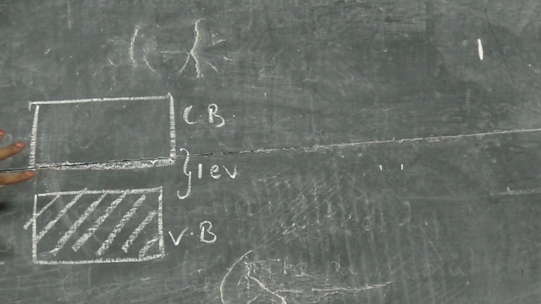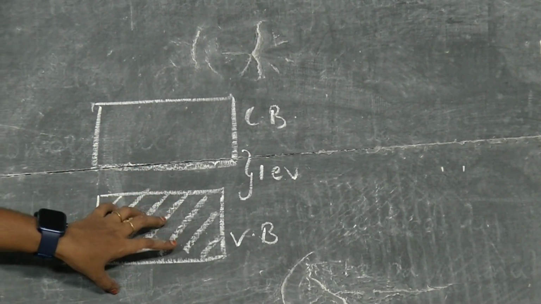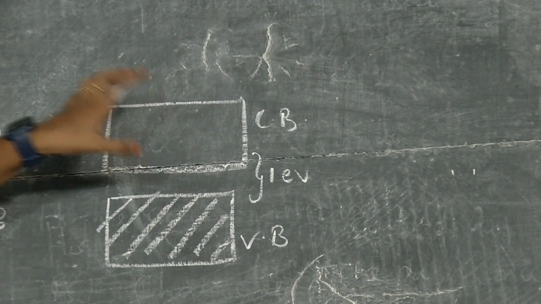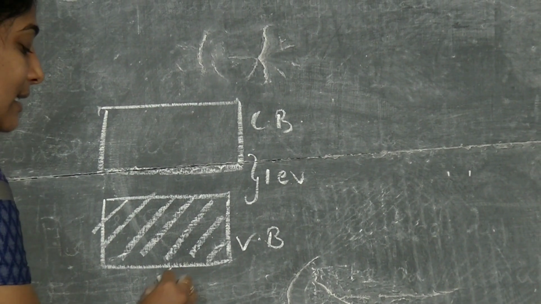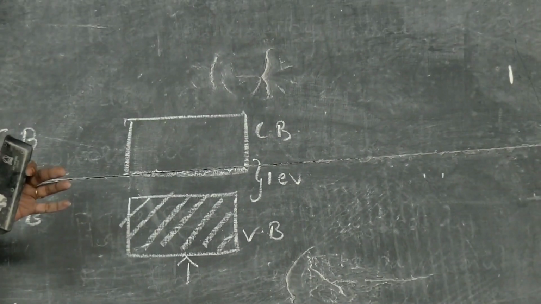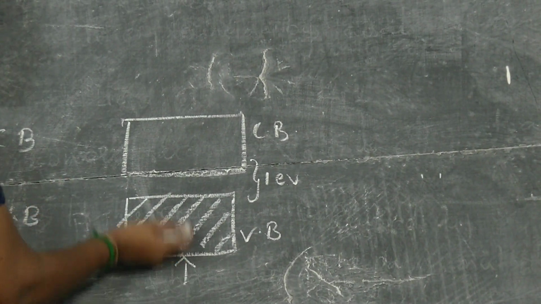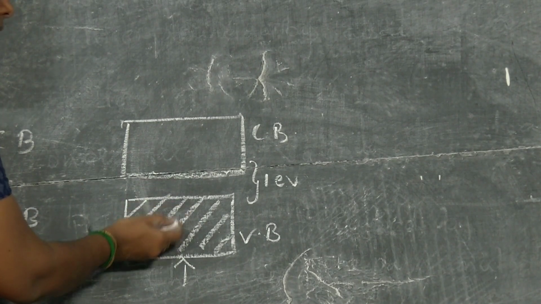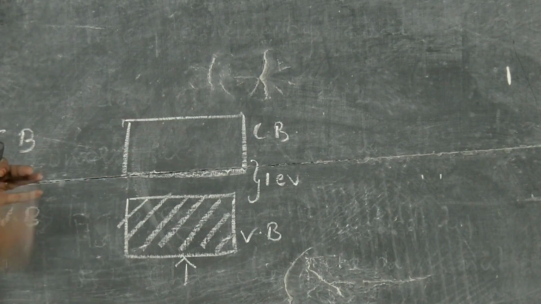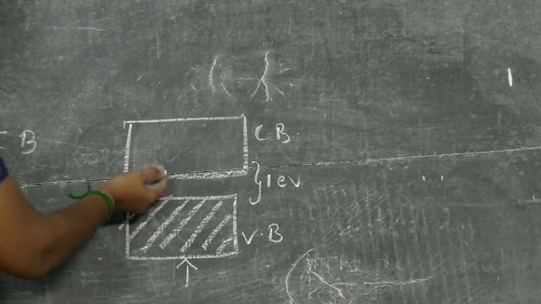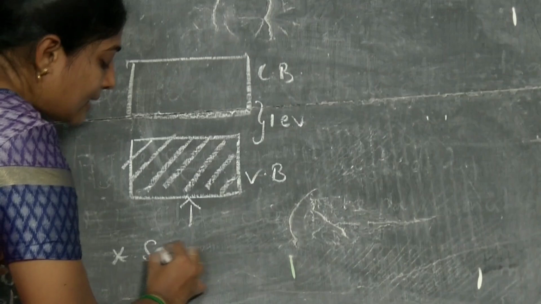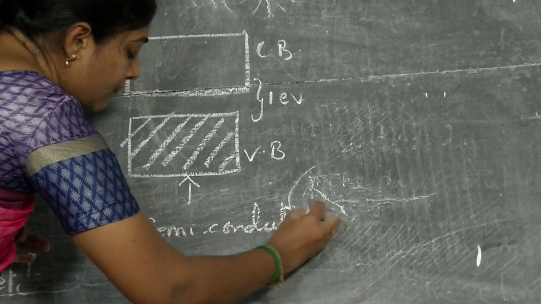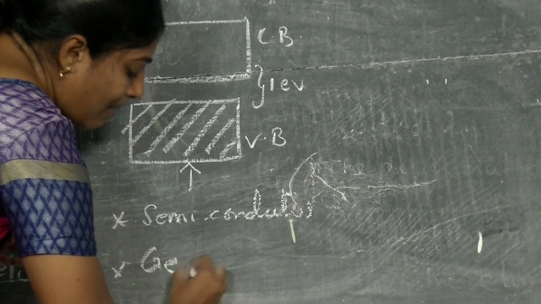So it is not possible for valence electrons to move up from the valence band to the conduction band by themselves. We have to give some external energy, such as temperature. If you give external energy, the valence electrons can easily move to the conduction band and conduct electricity. So this material is considered a semiconductor. An example for this is germanium.